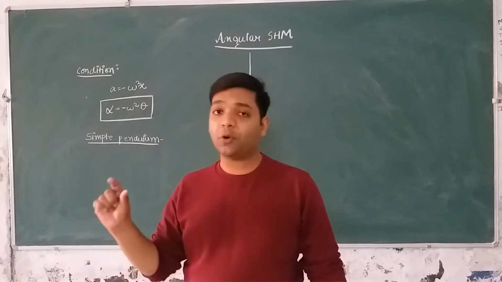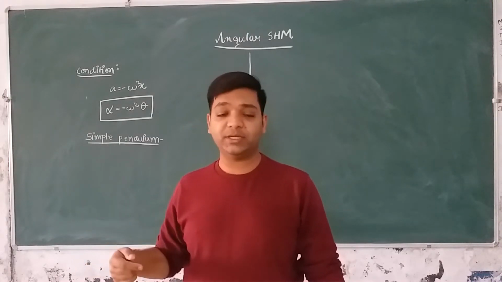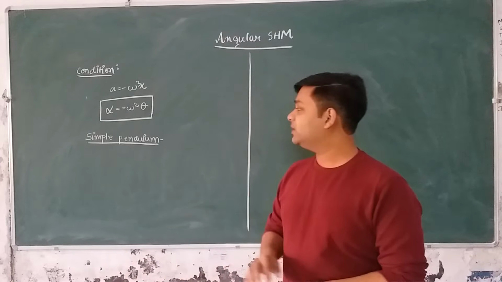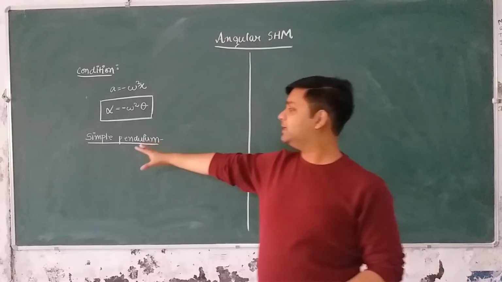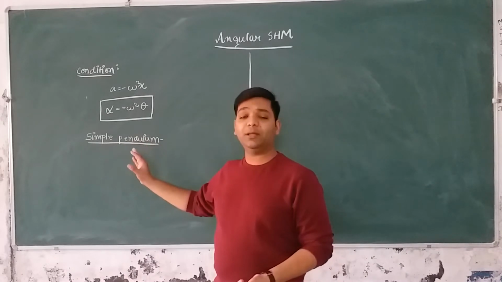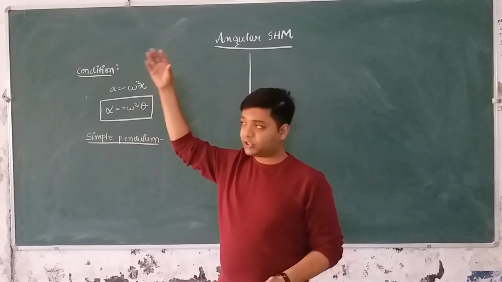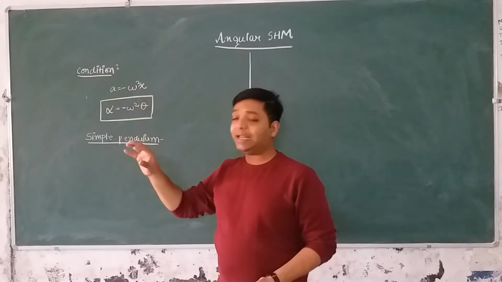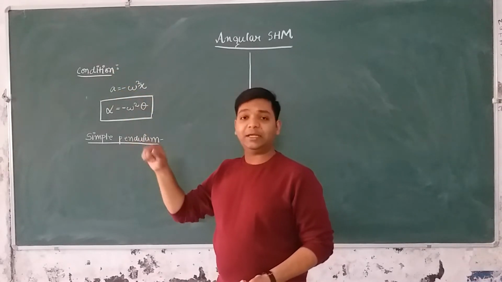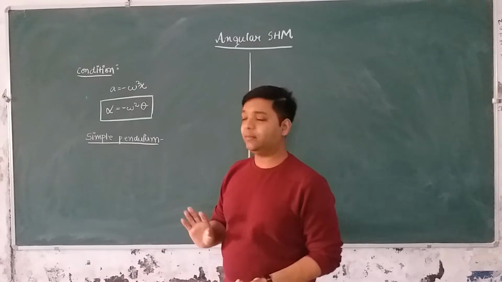There is a bob of mass m attached to its other end. The first end may be fixed or it may be moving. For now we will consider that in our simple pendulum, one end of the string is fixed to some point, and the other end of the string is connected to a bob of mass m.